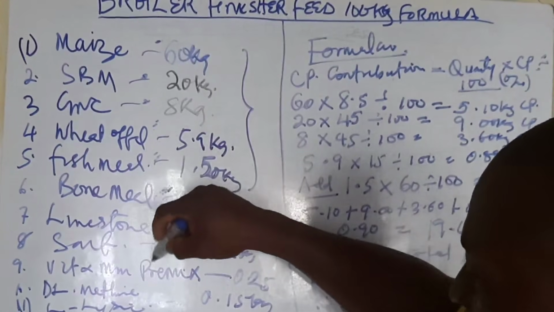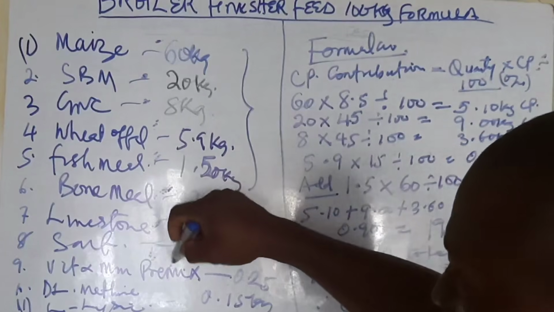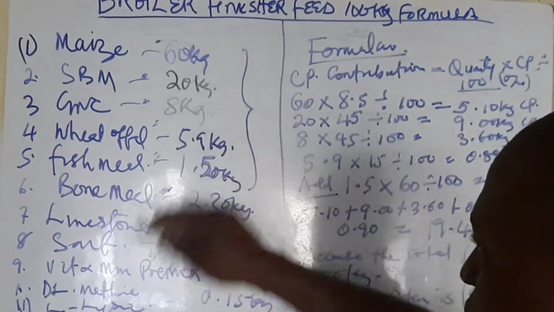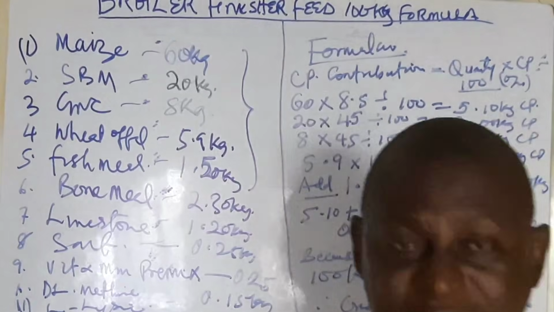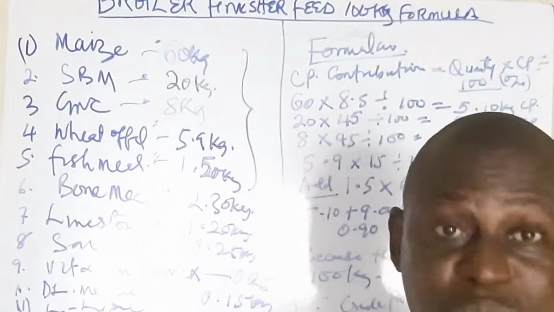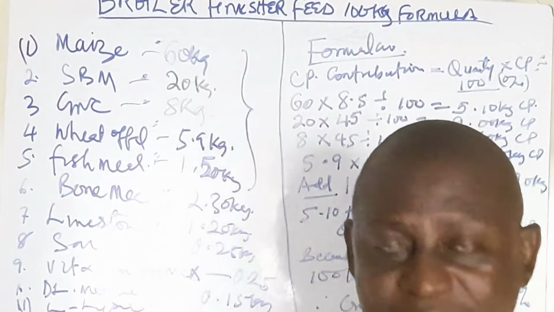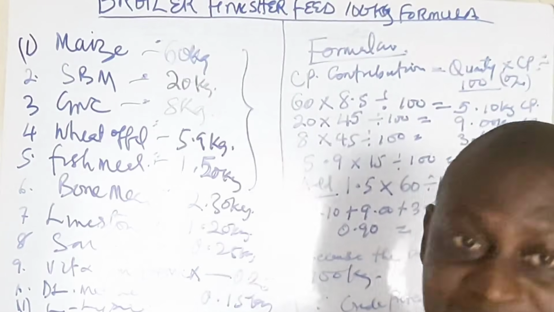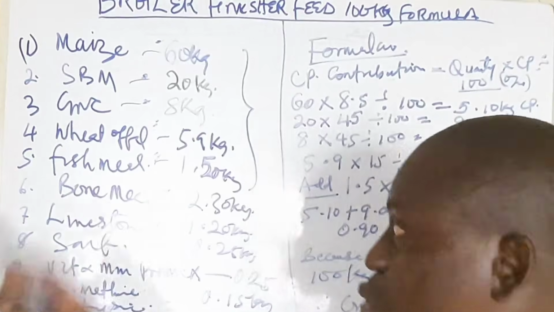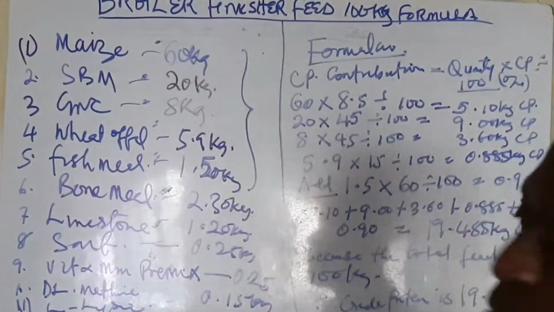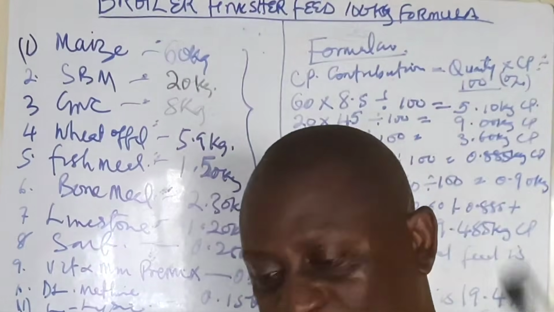This one has sodium chloride. This one is vitamin and mineral premix, methionine, and others. All the products. That's why your food contains all these things. That's why you are living well, because every food you consume has its own nutritional analysis. That's why we eat food, and that's why all these things are used to make poultry feed.